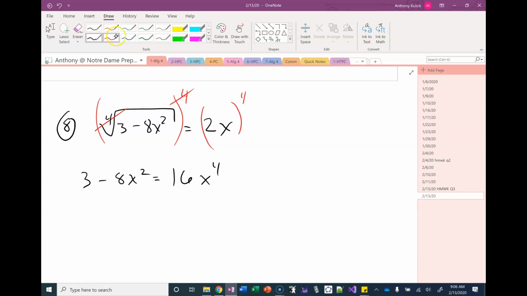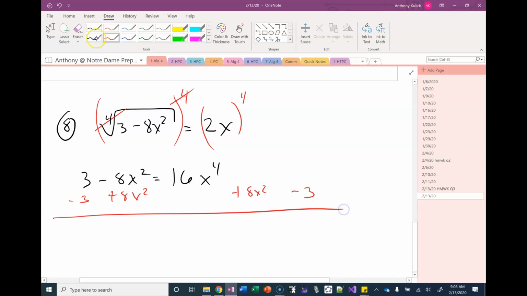So to solve this, I'm going to subtract 3 and add 8x squared to both sides to get it equal to 0. Yes, you could do the other direction.